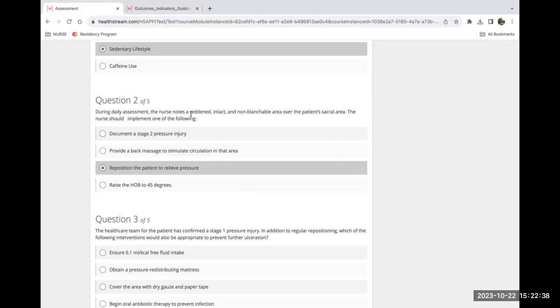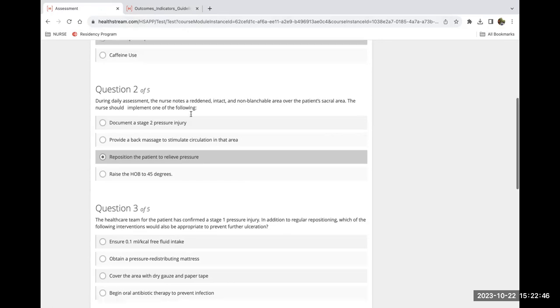Reddened, intact, non-blanchable is stage 1. Reposition the patient to relieve pressure.